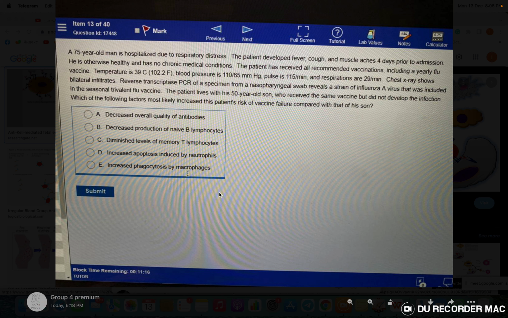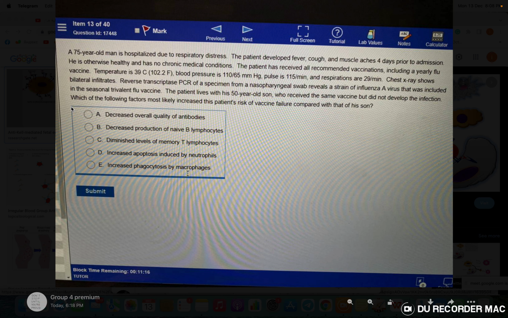The patient develops fever and cough, muscle aches. He had cough, fever, muscle aches 4 days before the admission. Good, sounds like COVID.